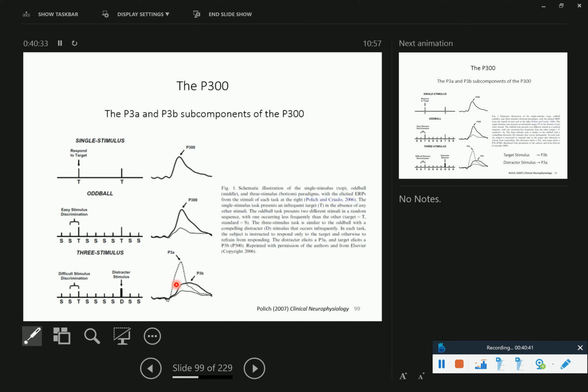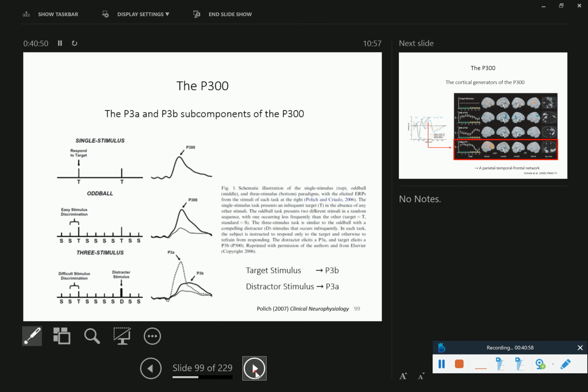First you realize that something is deviating, and then you press the button, and this is dissociated in the ERP components. I tried to figure it out myself, but it was actually on the slide how the whole thing worked. So the target stimulus does the P3B and the distractor the P3A.